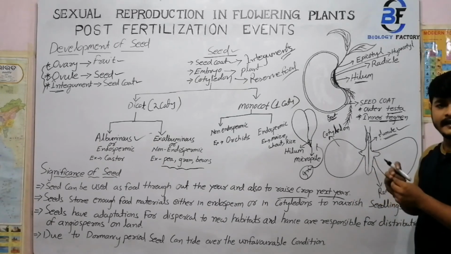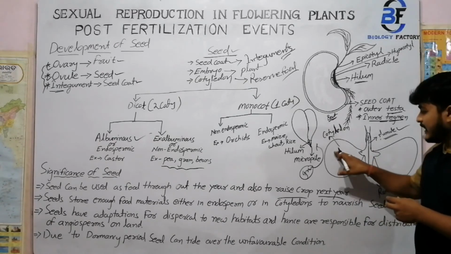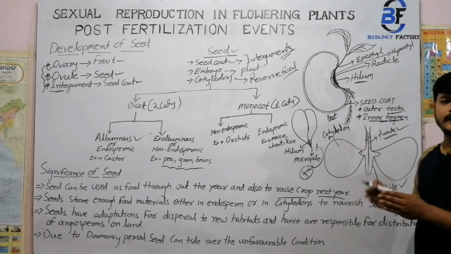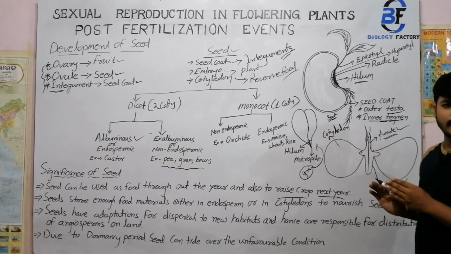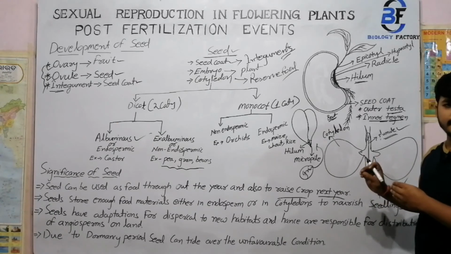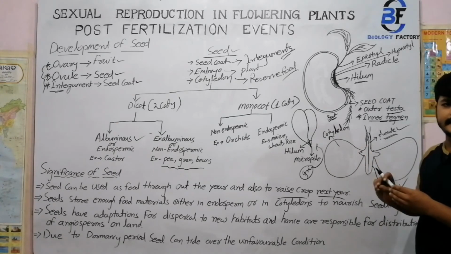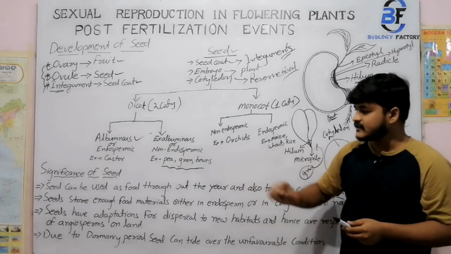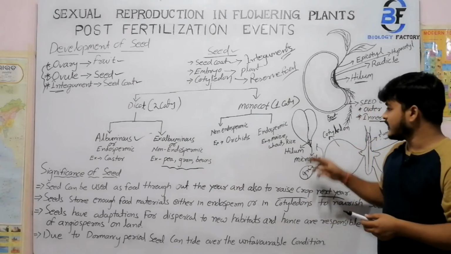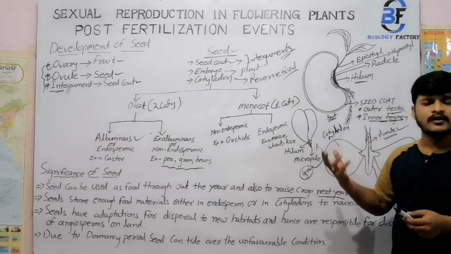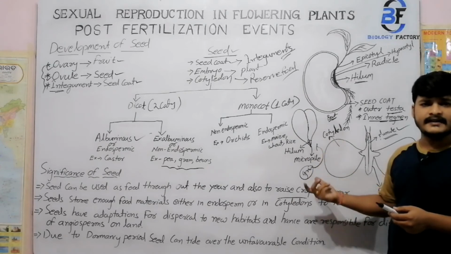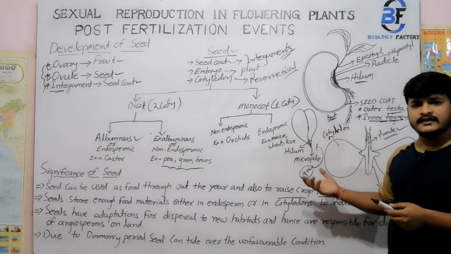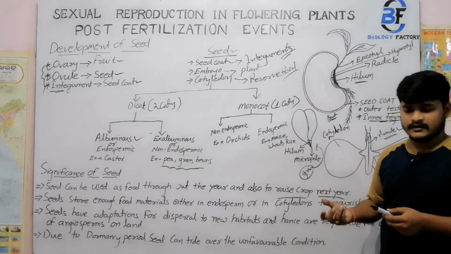When the seedling develops, the cotyledon gives the food material to the developing structure. That means from this only the seedling takes place. So the seed stores enough food material in it. You may take pulses, rice, or wheat. All these grains contain nutrient medium in them.